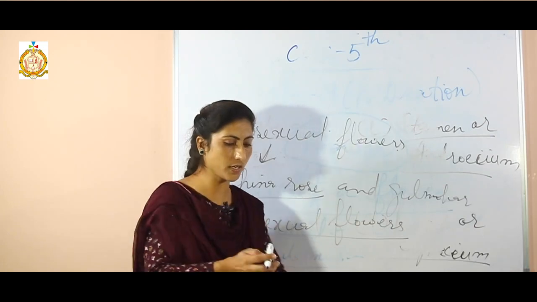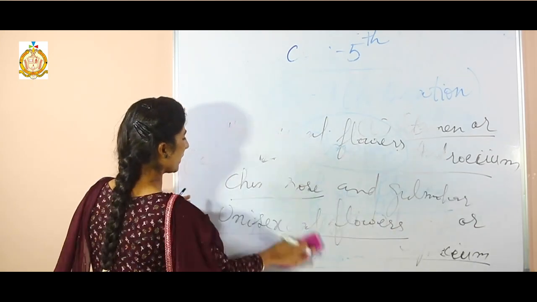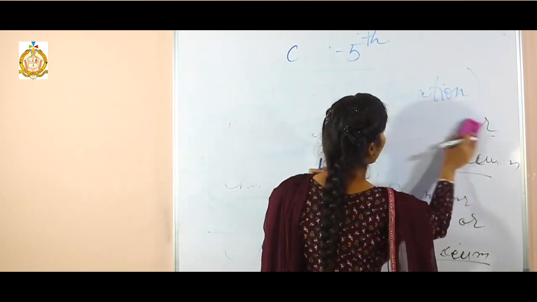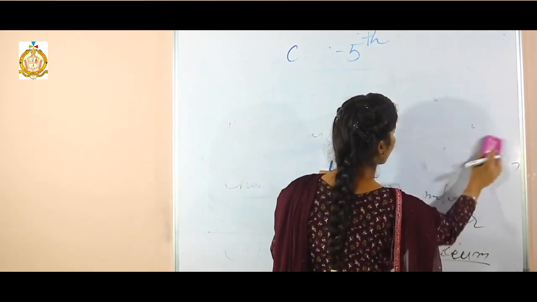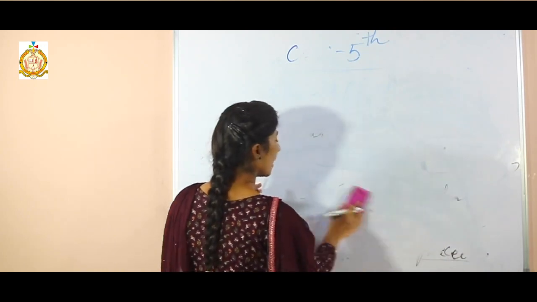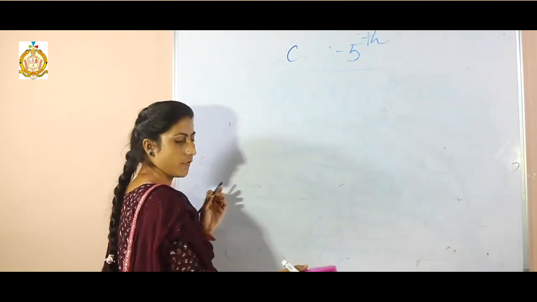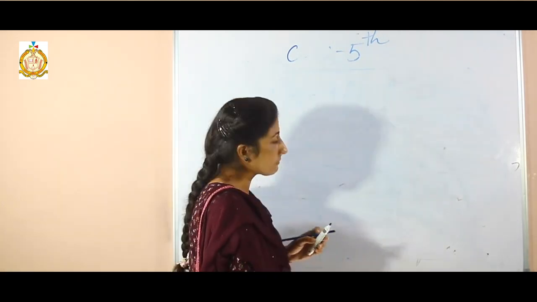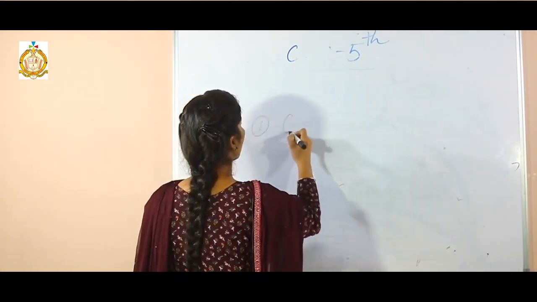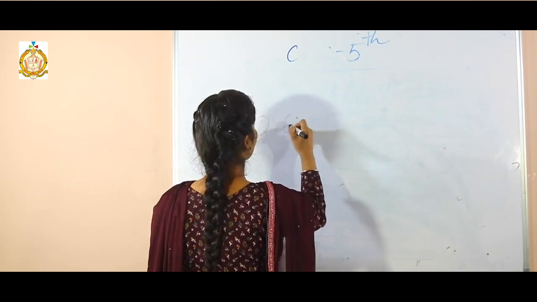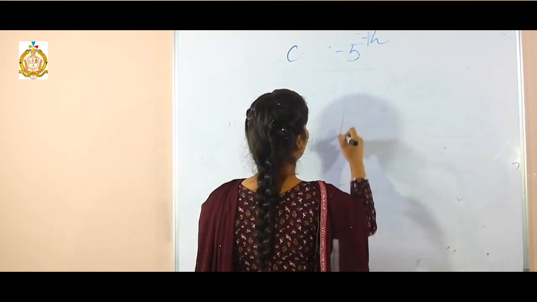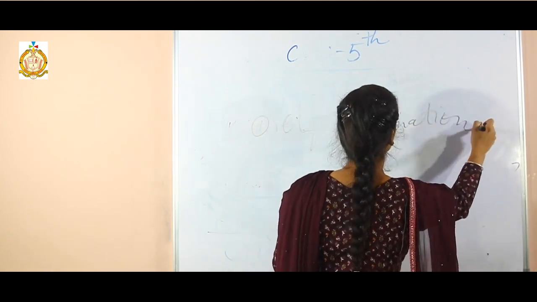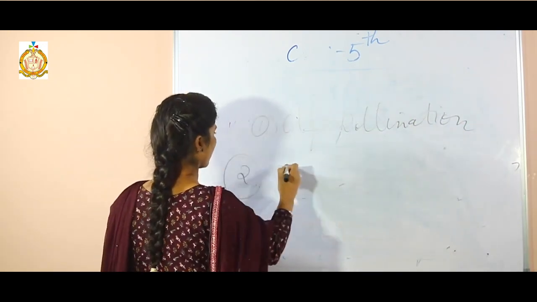Now the next topic is pollination. Students, as we have discussed earlier, pollination is the process in which the pollen grains get transferred from anther to stigma of the flower. Pollination is of two kinds. First one, self-pollination, and second is cross-pollination.